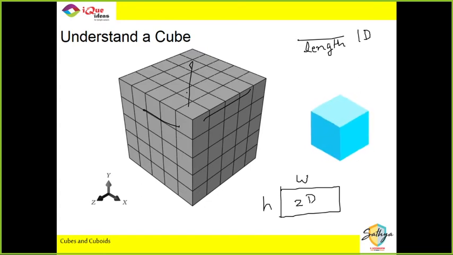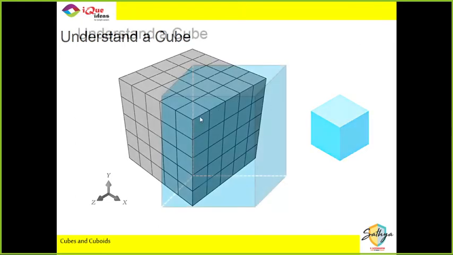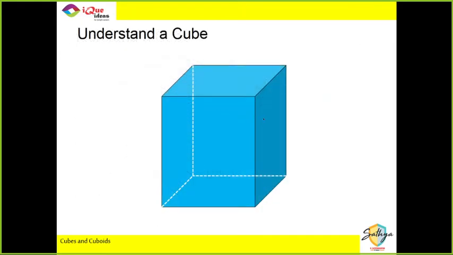So a cube is nothing but a three-dimensional structure, and there are certain parts to a cube which we can talk about, right? Let's take a cube like this. This main part is called the face of a cube, right? So guys, can you tell me how many faces are there in a standard cube? And this is true also for a cuboid.